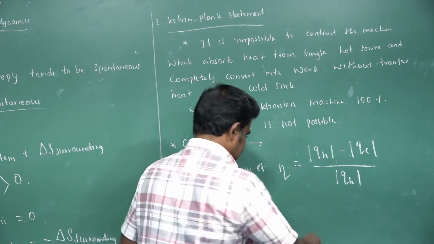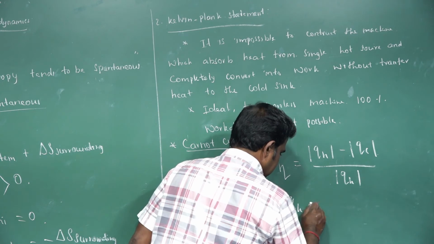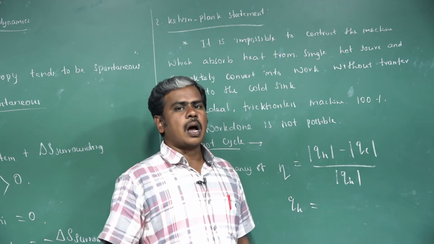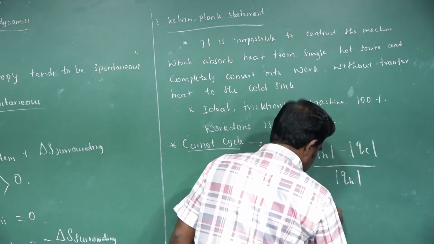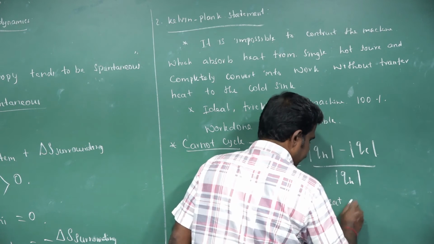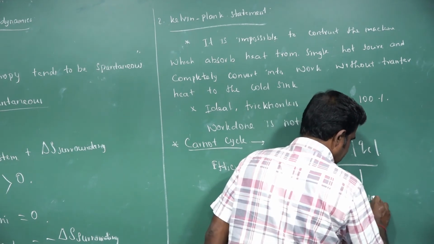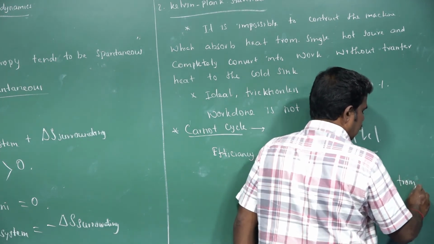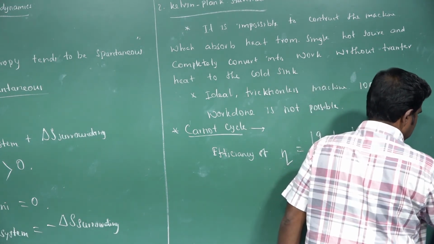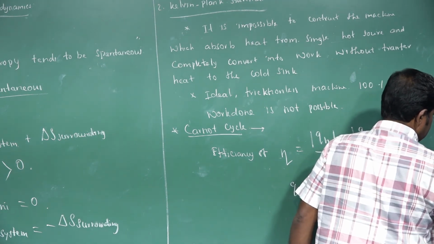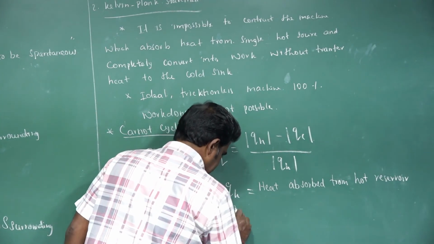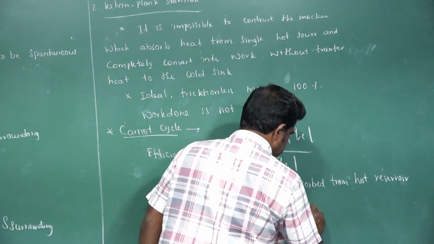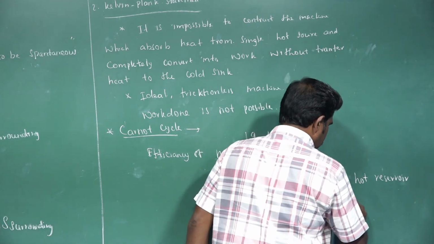QH is the amount of heat absorbed from the hot reservoir, and QC is the heat given to the cold reservoir.